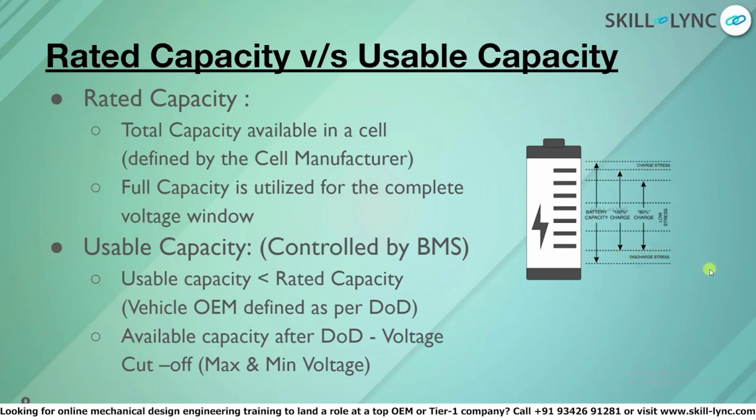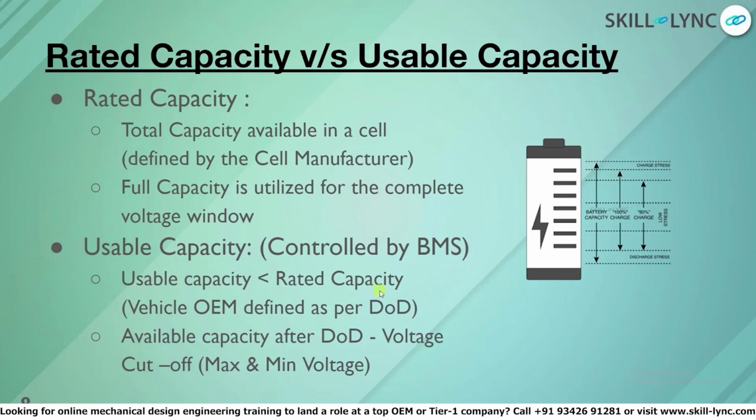So if we limit charging to, say, 80% and limit discharging to 80%, we avoid the charge and discharge stresses, and we will always be in the low stress zone. This is the reason why most OEM manufacturers avoid touching the highest and lowest limits, and because of that we lose some capacity.